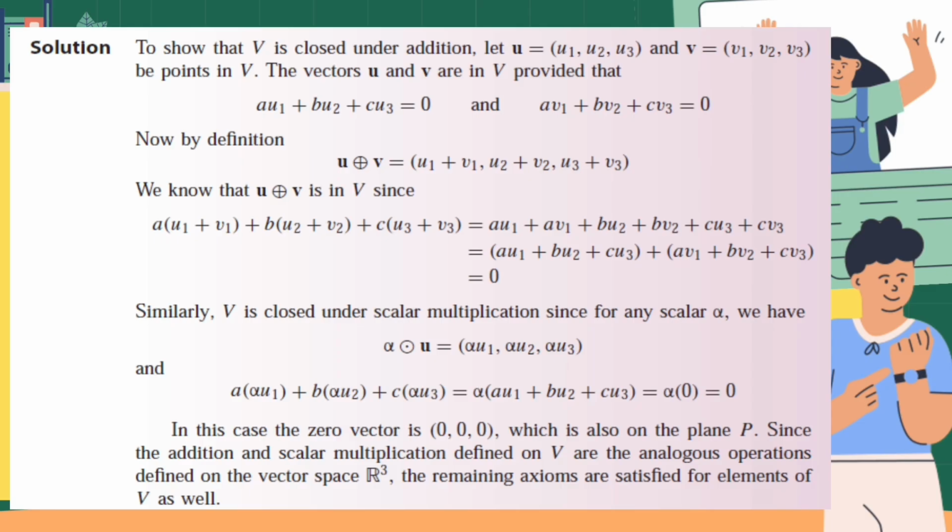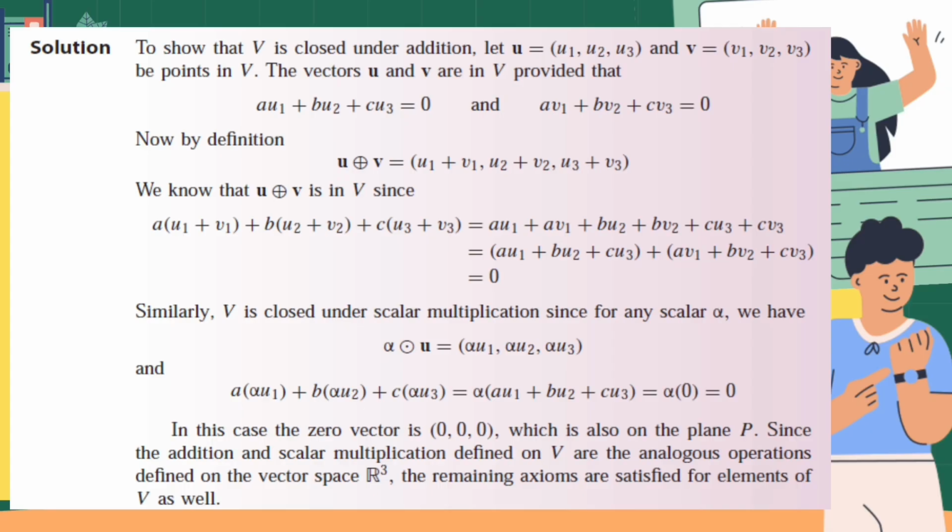For this solution, to show that V is closed under addition, let u equal (u1, u2, u3) and v equal (v1, v2, v3) be points in V. The vectors u and v are in V provided that a u1 plus b u2 plus c u3 is equal to 0, and a v1 plus b v2 plus c v3 is also equal to 0. By definition, u plus v is equal to (u1 plus v1, u2 plus v2, u3 plus v3).